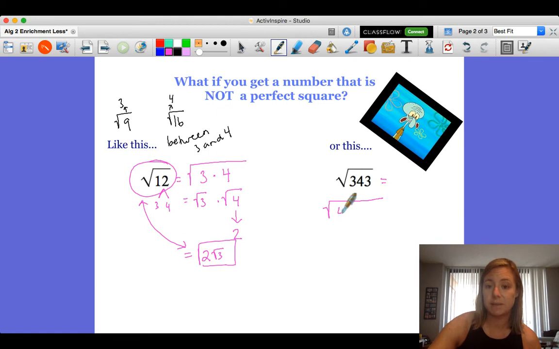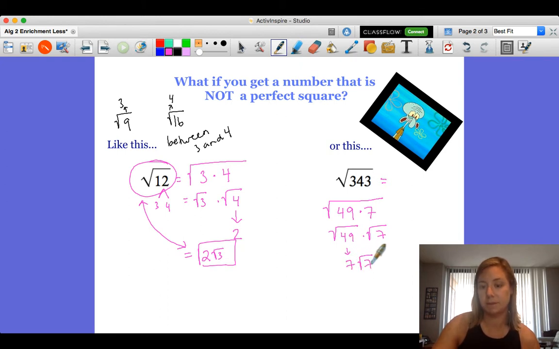So this is the same thing as saying the square root of 49 times 7, which is the square root of 49 times the square root of 7. Well, what's the square root of 49? 7. So this is the same thing as 7 root 7. Okay.